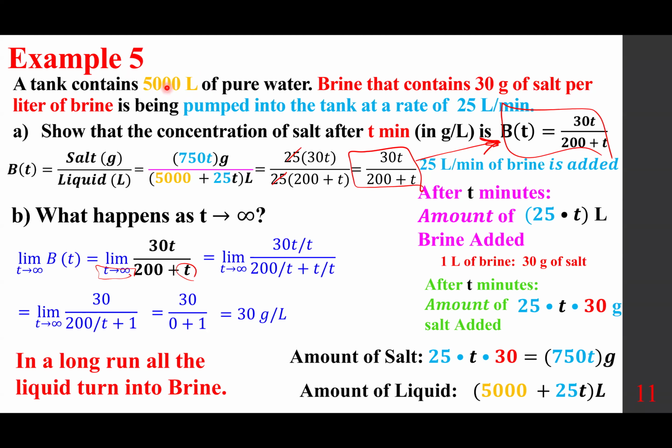So in the long run, all the liquid in essence turns into brine. We still have the 5,000 liters of pure water, but it's nothing compared to what you add if you continue indefinitely. Therefore, the mixture will be just like the brine we had in the first place, which is 30 grams of salt per liter of brine, and that doesn't change. And that's the idea behind the limits. It's important to understand what happens in the long run in this case.